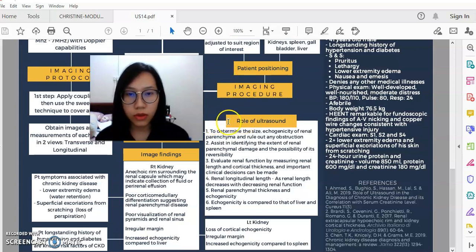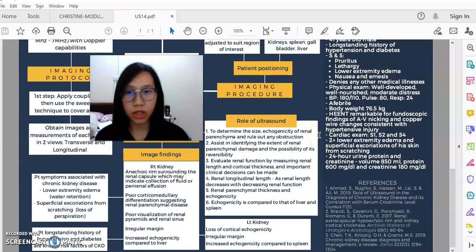So what is the role of ultrasound for this patient's case? The role of ultrasound is to determine the size, the echogenicity of renal parenchyma, and also to rule out any obstruction. Then ultrasound also assists in identifying the extent of renal parenchymal damage and the possibility of its reversibility.